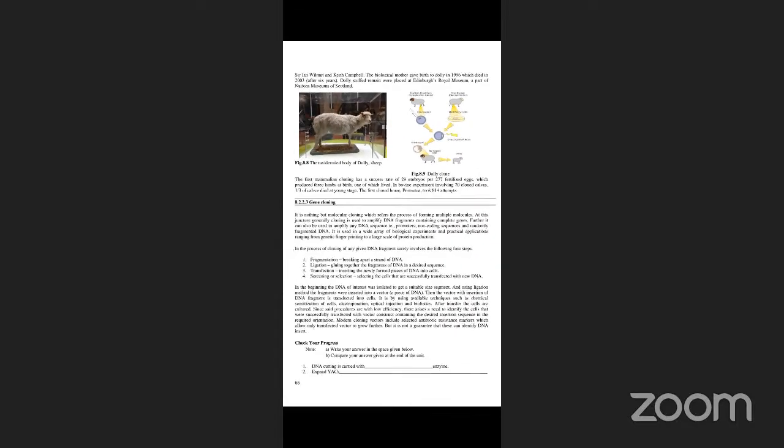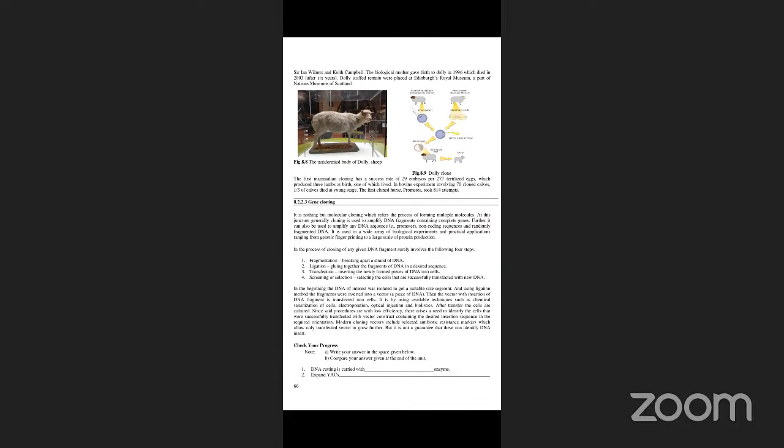This is the clone. So this is how we can do cloning to improve milk production in cows, wool production in sheep, and meat production in some animals, which we can implement in real-time industrial scale research.